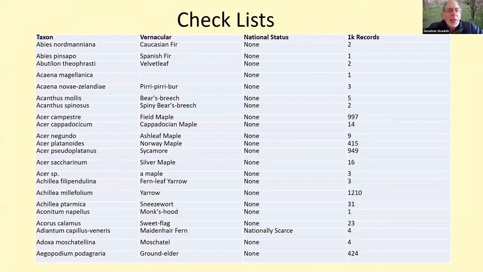So starting on the easy end, that's the checklists. You can generate these quite easily using the MapMate database that many recorders run, and that will just give you a very simple list.